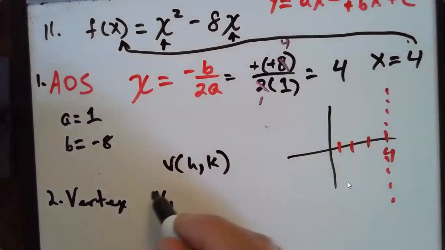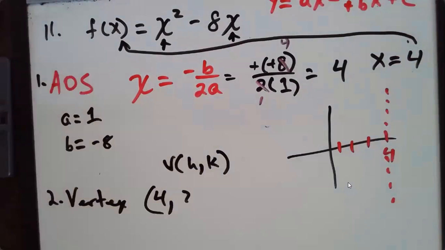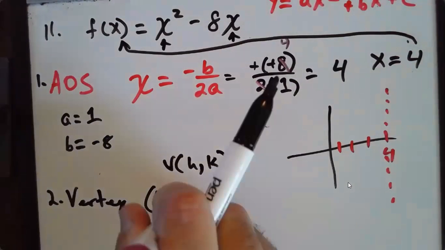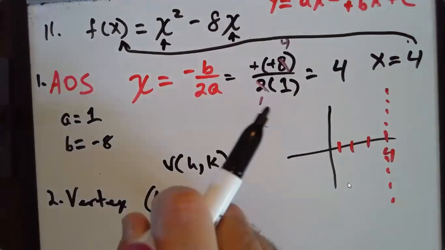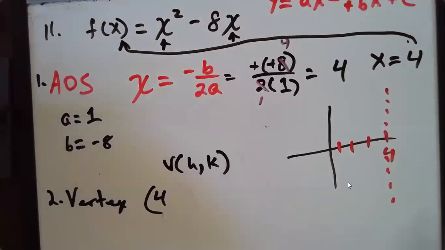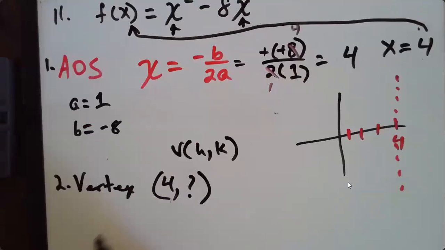So 4 is the h component to the vertex, but we don't know what the y part or the k part is. So we'll just put a question mark there. So that's what we're trying to find now.